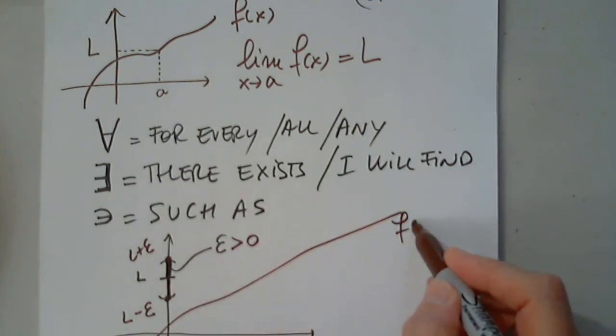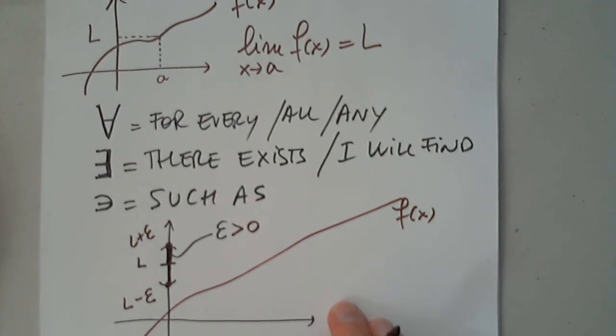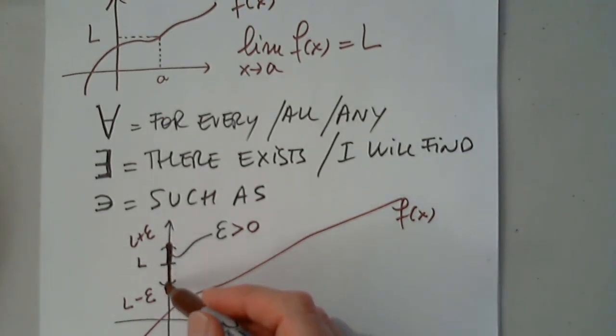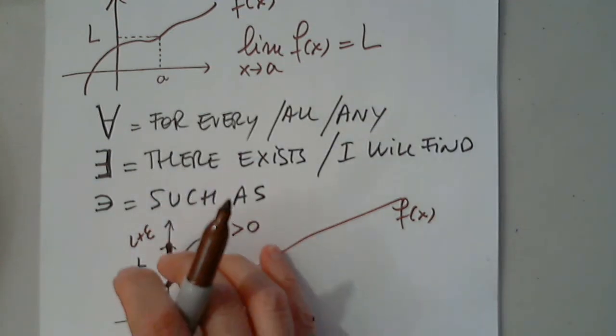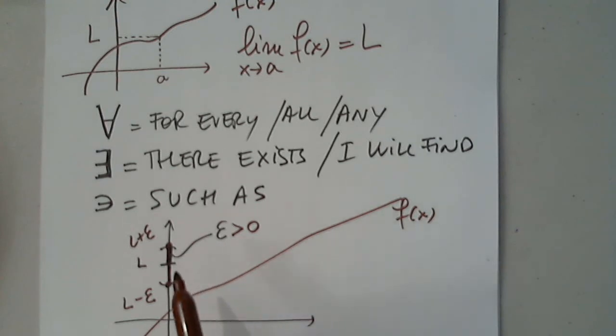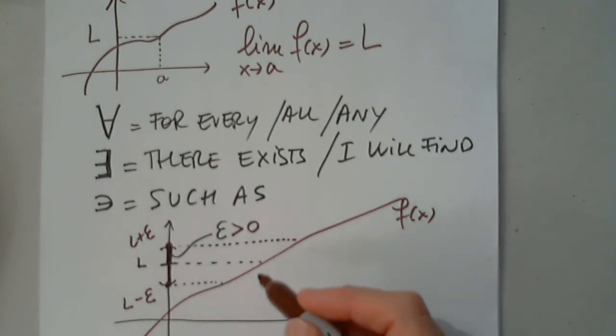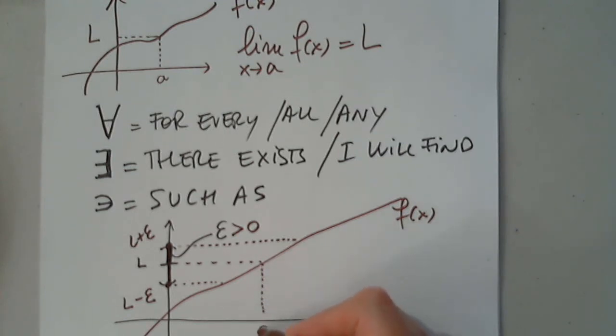So I have the function here. And notice that for every epsilon, so if it is zoomed in and it's very tiny, or zoomed out, it doesn't matter. For any epsilon, I will be able to find, drawing horizontal lines, and of course this is the L and this is the A, I will always be able to find an interval, a corresponding interval around A. Why is that?